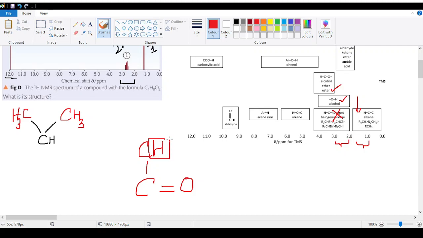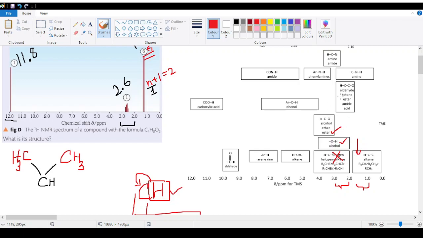That means a hydrogen joined with a carbon whose neighbor is a CO group. This hydrogen could give you a peak. Now, in this table, do you notice this here? Here you have the hydrogen joined with a carbon that is joined with a CO group. Can you notice that?